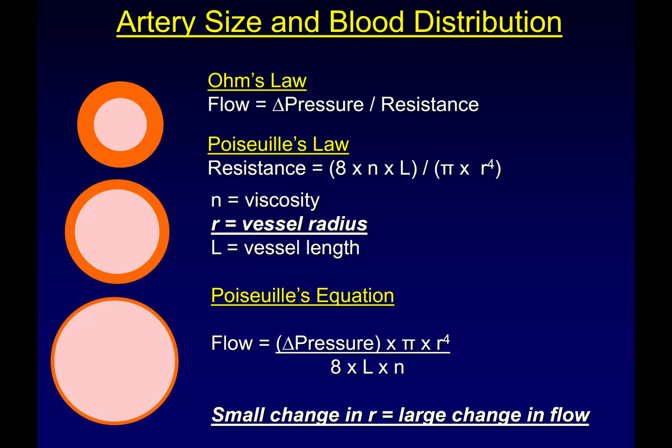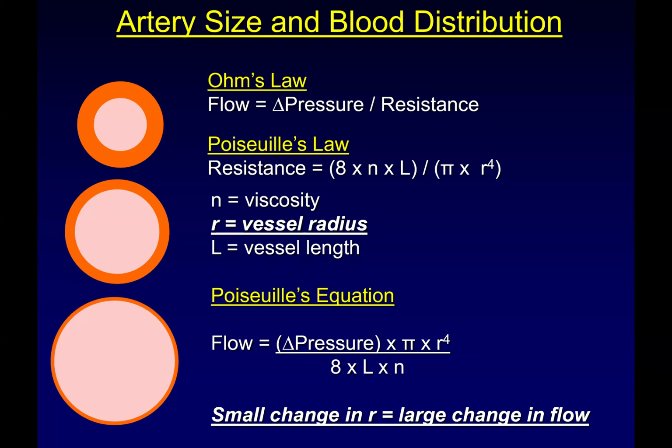So basically, flow is equal to the difference in pressure multiplied by the radius to the 4th power. When radius gets bigger, you vasodilate, radius goes up to the 4th power, and flow to that tissue can dramatically increase.